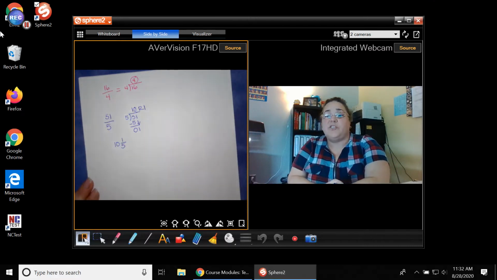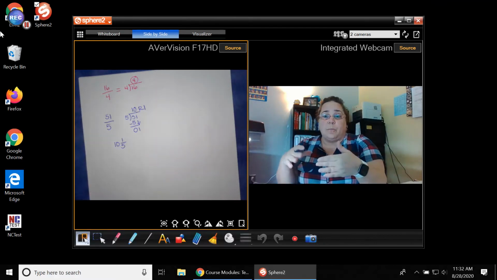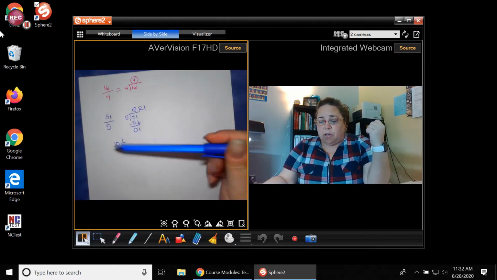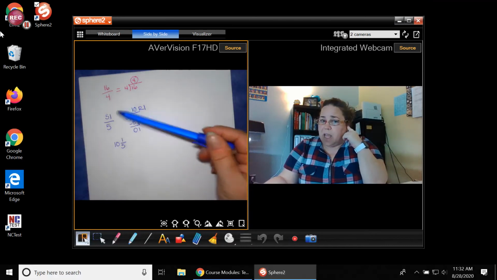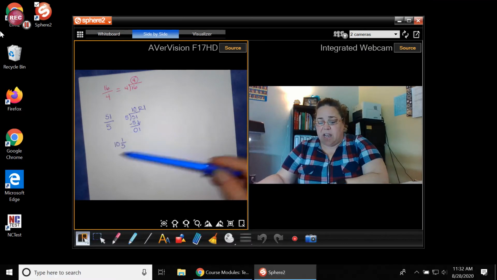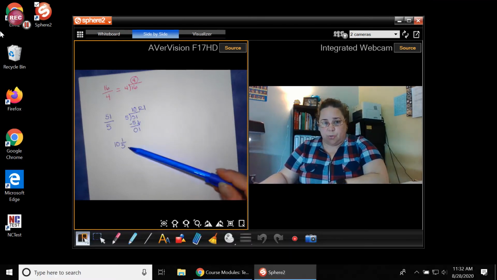All right, so it's just like when you change an improper fraction to a whole number with a fraction, otherwise known as a mixed number. If you are seeing a division problem like this, you must give me your answer in a fraction. If you get a division problem that's a fraction, you have to do a fraction answer, okay?